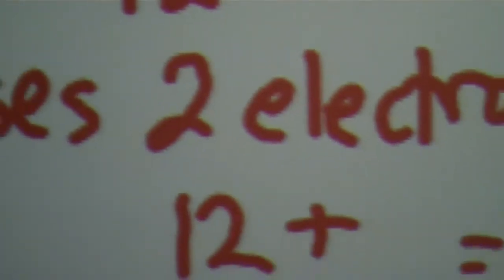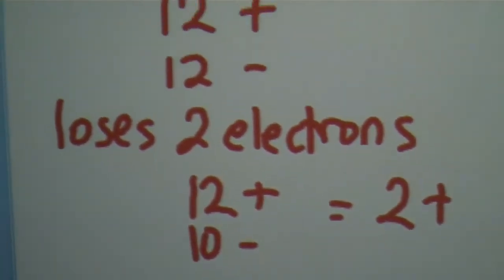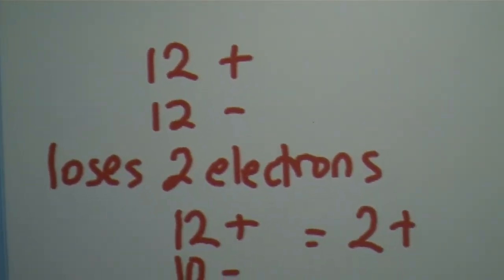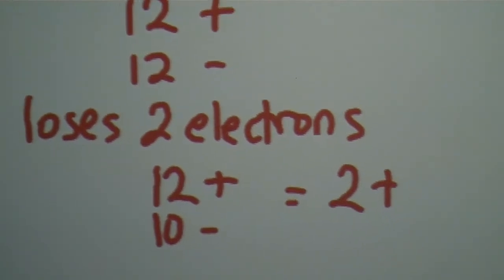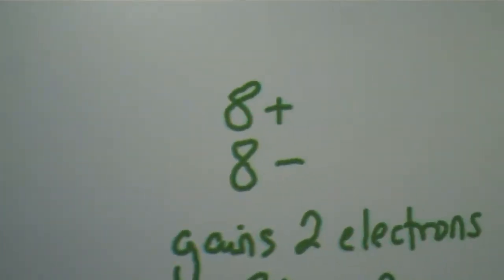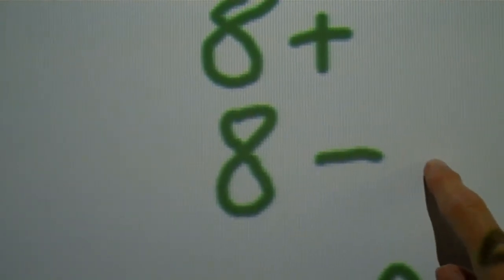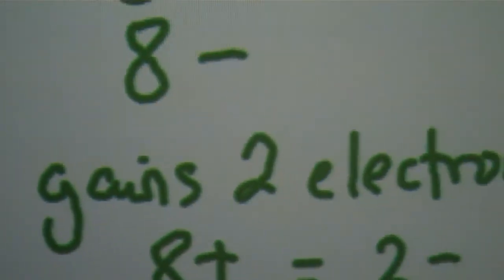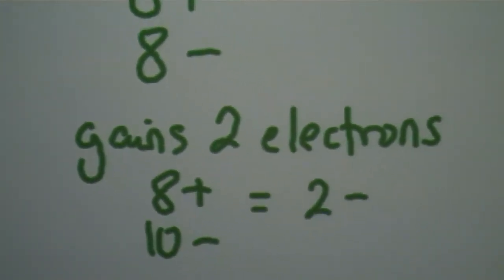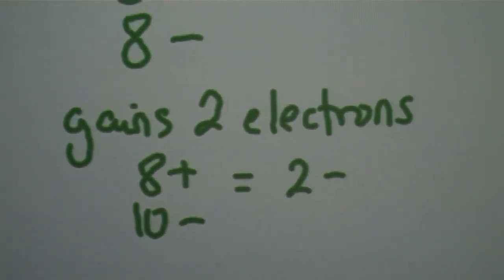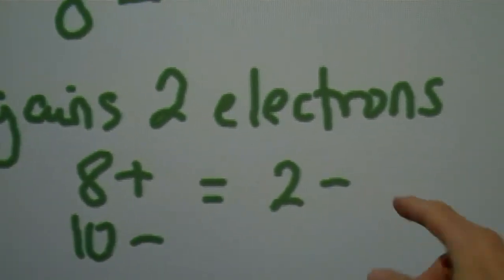If it loses 2 electrons, we now end up with 12 positives and 10 negatives, and overall that gives us a 2 positive charge. Oxygen has atomic number 8, so 8 protons and 8 electrons. Again, the element is neutral. If it gains 2 electrons, it now has 8 positives and 10 negatives. Electrons are negative, so the overall charge is 2 minus.